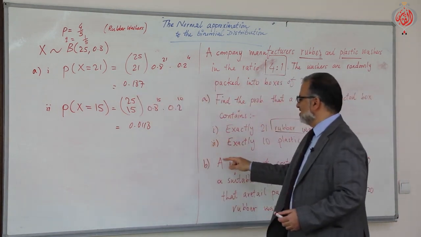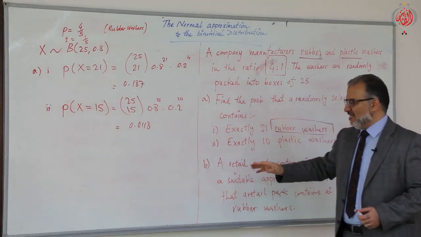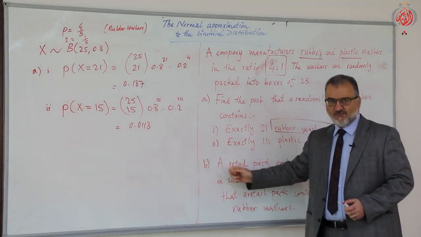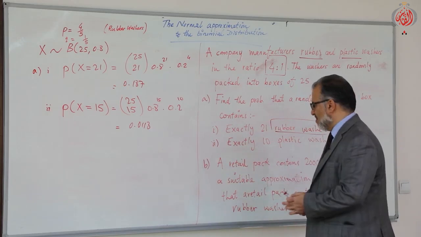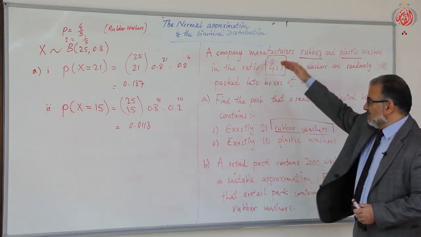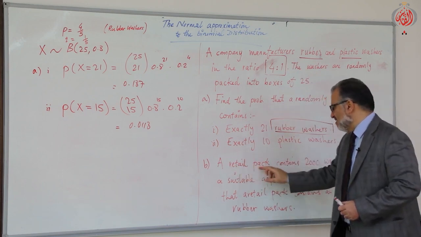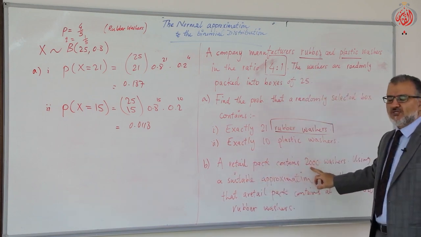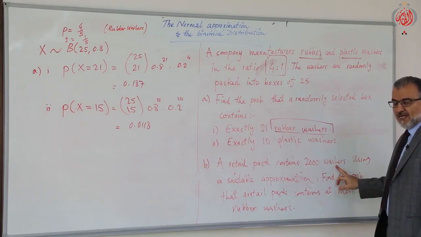Now look at the second part, question B, and this is the important part, which is related to our topic today. Continuing with that question: a retail pack contains 2,000 washers.